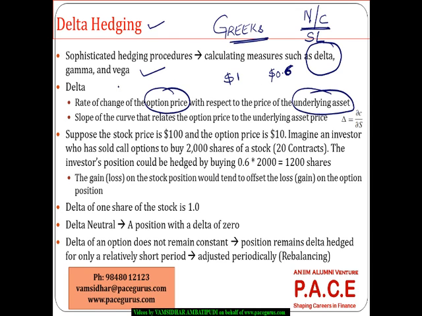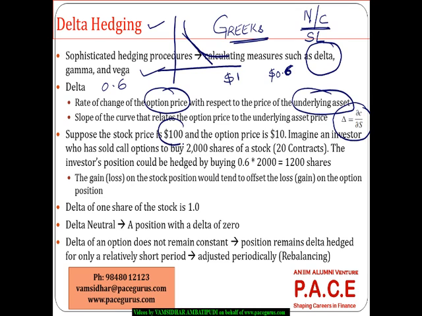Then we say the delta of this call option is 0.6. So it's the slope of the curve that relates the option price to the underlying asset price. A change in the call option price relative to a change in the stock price is what we call delta.